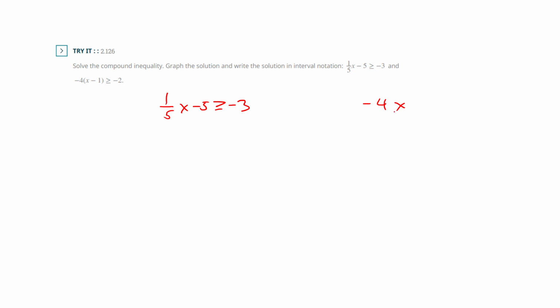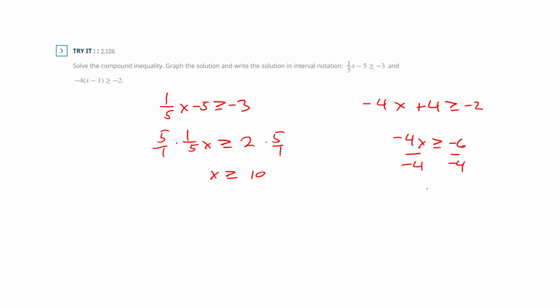Again, I'm going to distribute this to save myself some writing. So we've got 1/5 x is greater than or equal to 2. I'm going to multiply both sides by the reciprocal. Okay, over here, once again, I'm dividing by a negative, so that's going to flip an inequality sign the other direction.